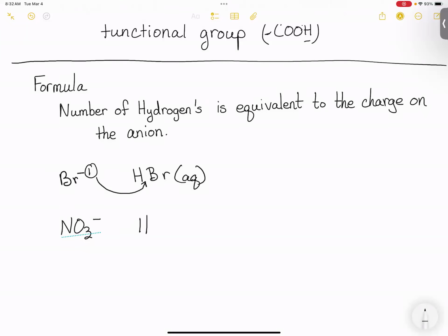So the number of hydrogens to make that an acid is going to be equal to that charge.